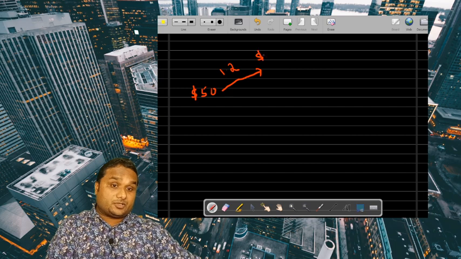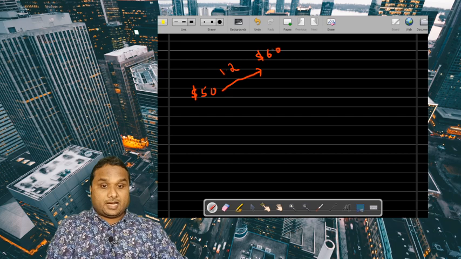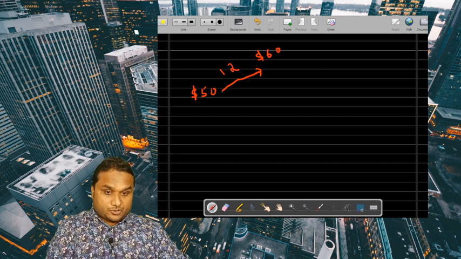The price of the stock could move upward, and at the same time there is a possibility it could go downward.